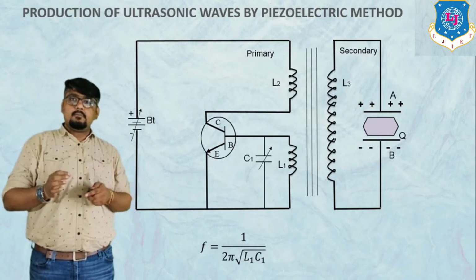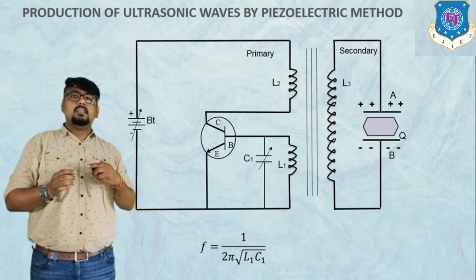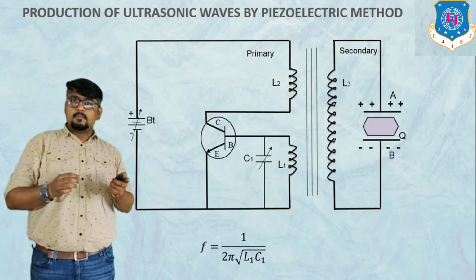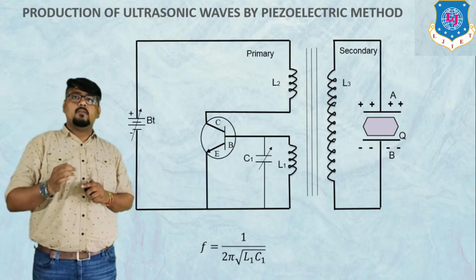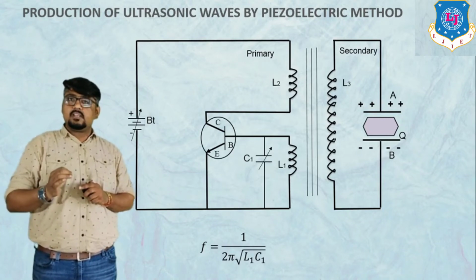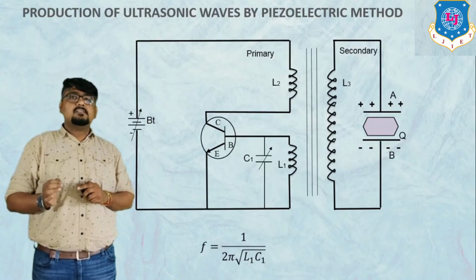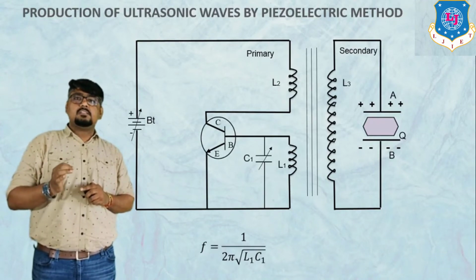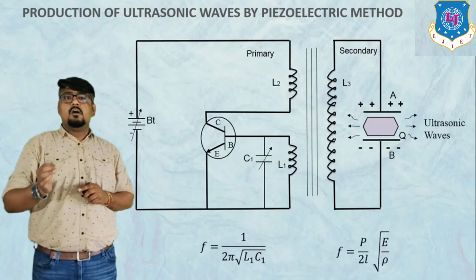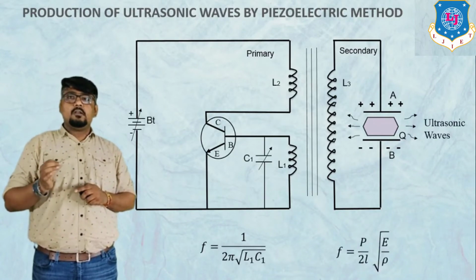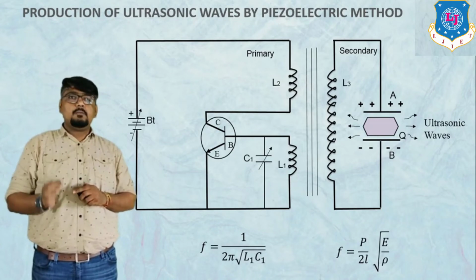When the applied EMF matches the natural frequency of the quartz crystal, the crystal starts vibrating vigorously because of the resonance state, and at resonance it produces ultrasonic waves of frequency f = p/2L under root E by rho.